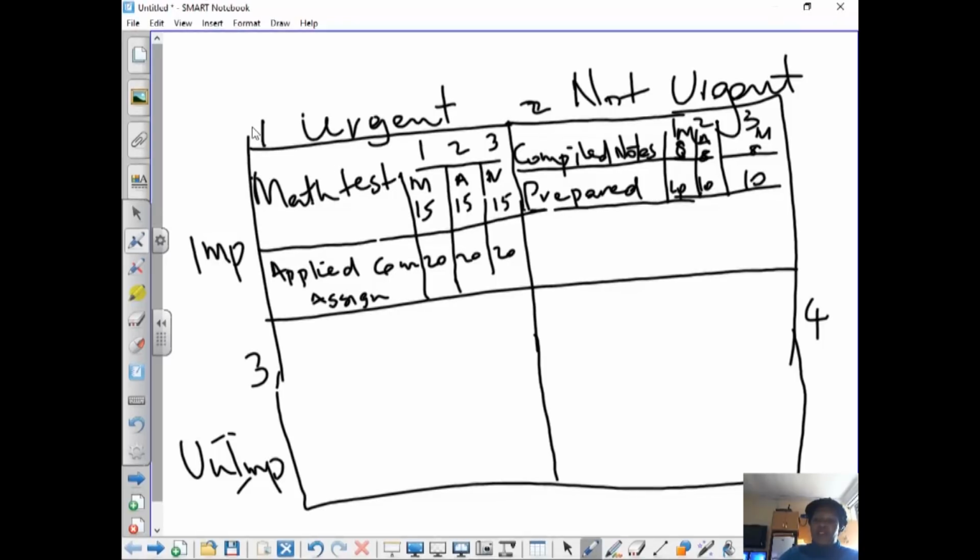So it means that even this side, you should have those dates. Why do you have your dates here that are before the dates on the first quadrant? Because these are not urgent things, but they are important for you to be able to achieve the important and urgent things.